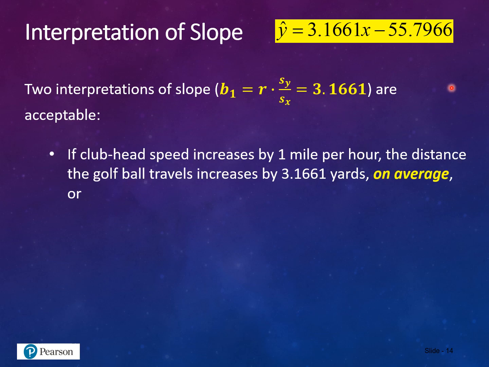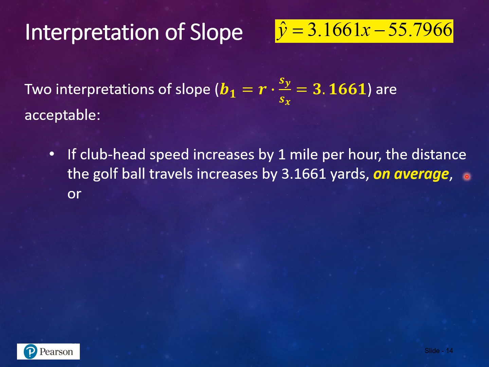If club speed increases by 1 mile, if you think about putting this numerical value over 1, as the club speed increases by 1 mile per hour, the distance the golf ball travels increases by 3.1661 yards on average. That's the mean.